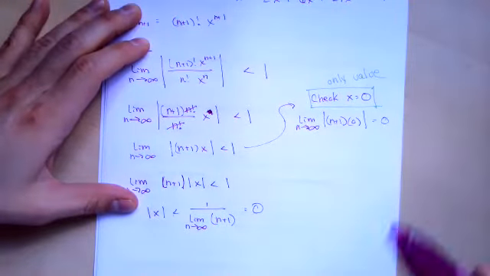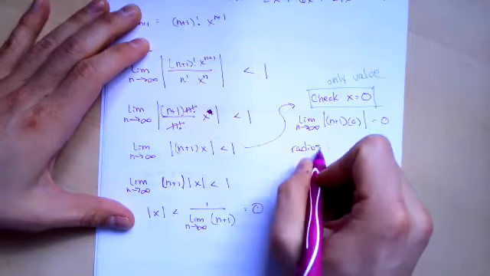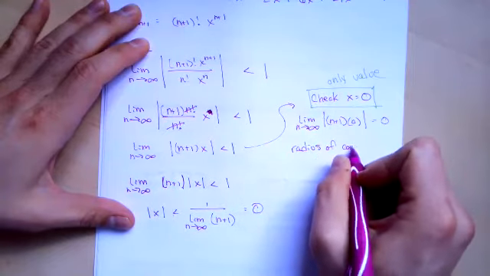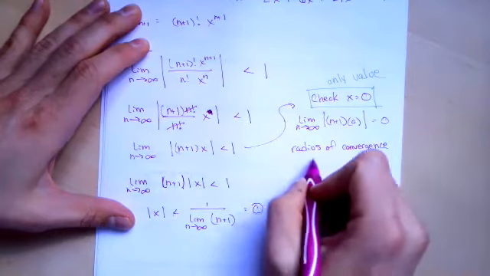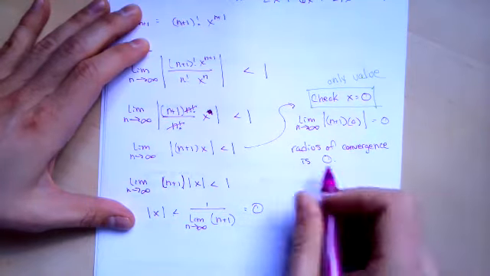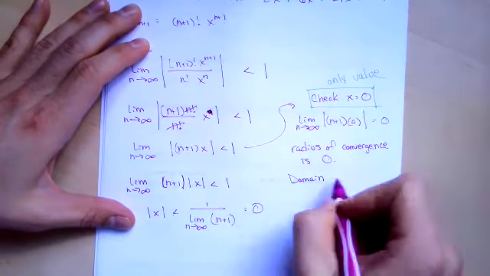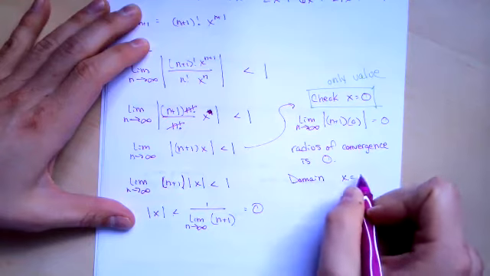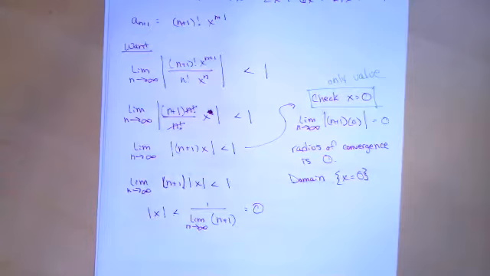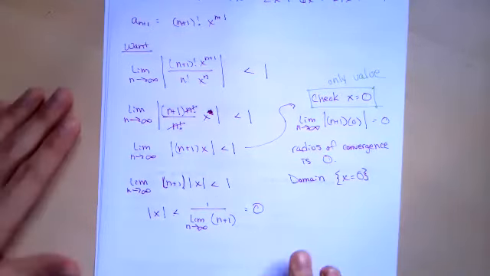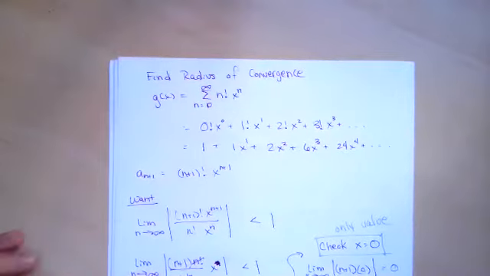We say in this case that the radius of convergence is 0. In other words, our domain is just one point. The only value of x that will work for this type of series is x equals 0.